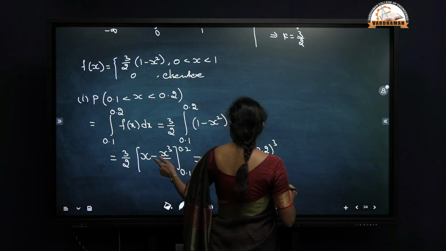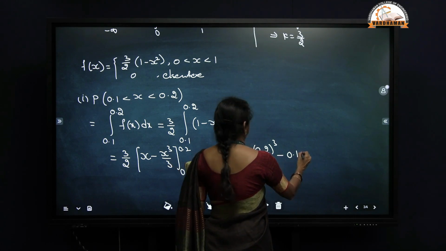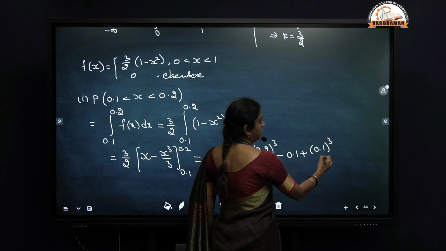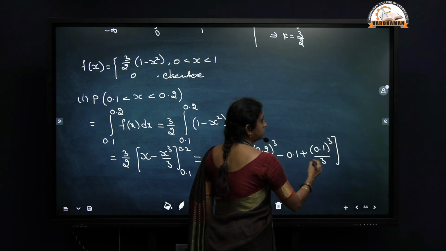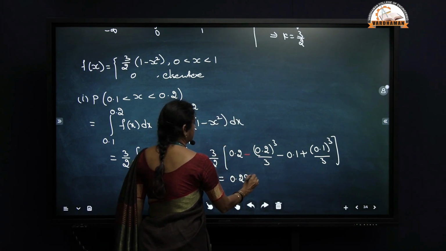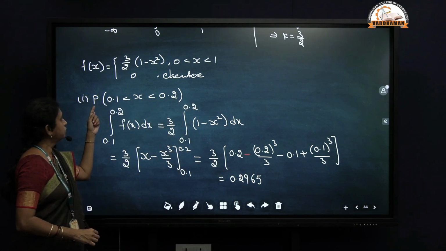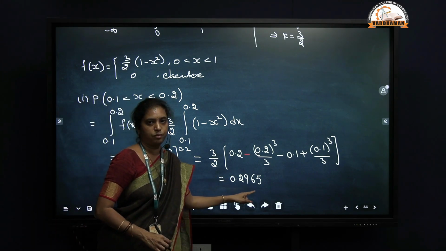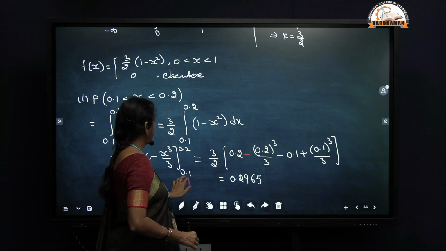Now substitute the lower limit, so minus 0.1 plus 0.1 whole cube by 3. On simplifying, this value will be equal to 0.2965. So the probability value of the given function between 0.1 and 0.2 is 0.2965. Now, we will find out the probability value greater than 0.5.